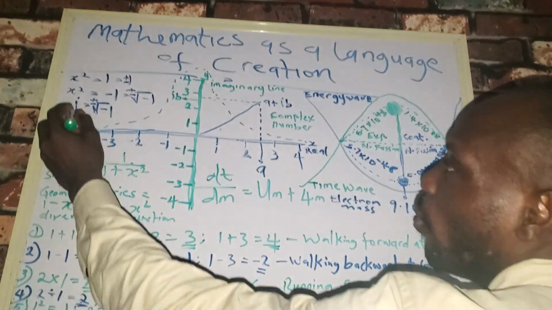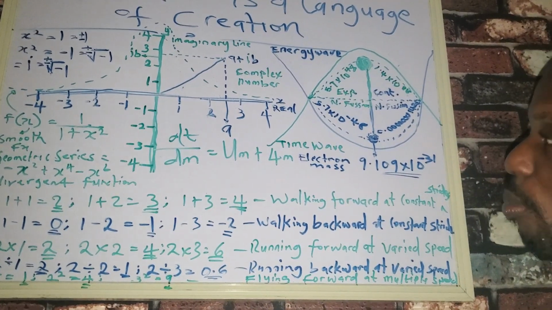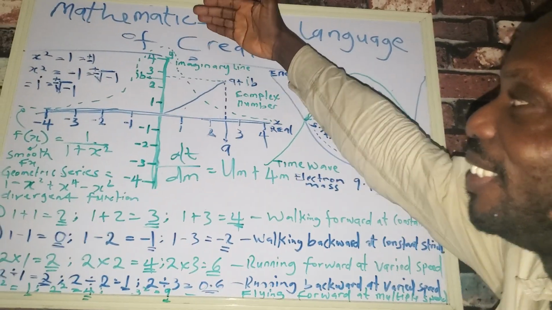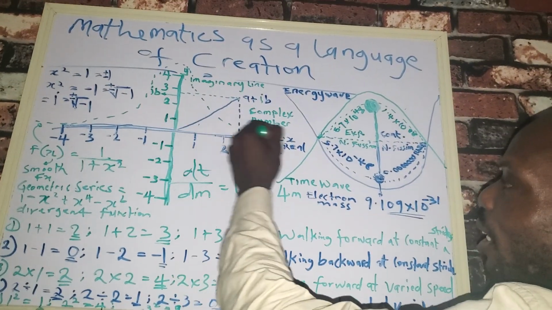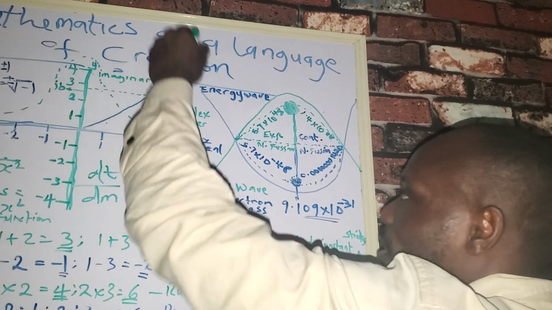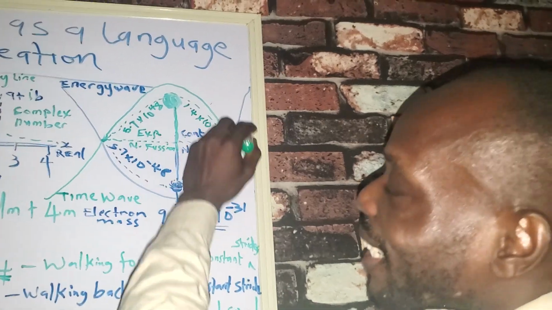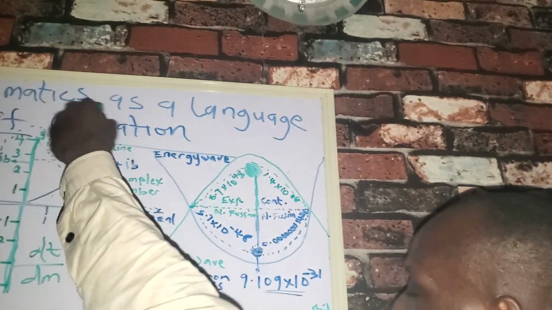So for it to have traveled to this realm of negative integers, it means that it has disappeared from the real world, because what our real world is, is this x-axis to this y-axis, this portion, this area. And if we look at this time energy wave model, the entirety of this wave is actually on this plane.